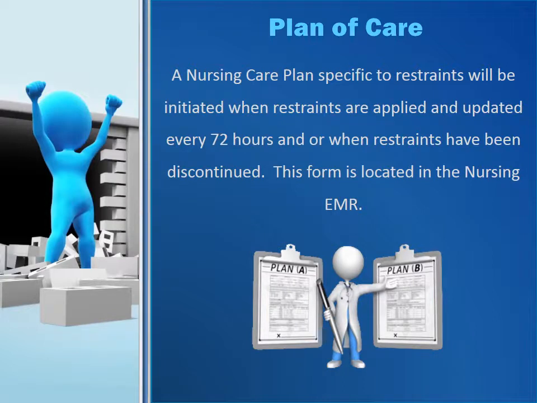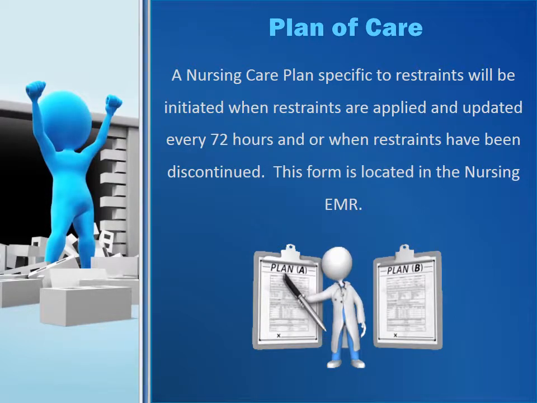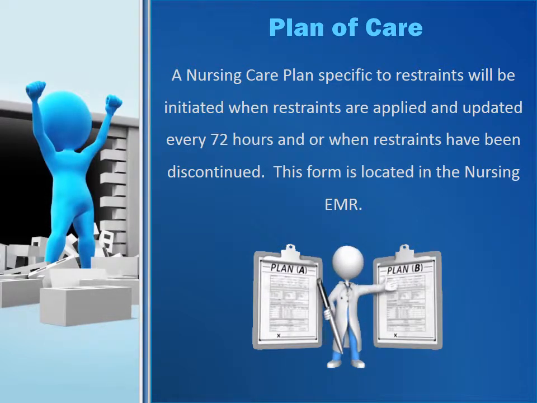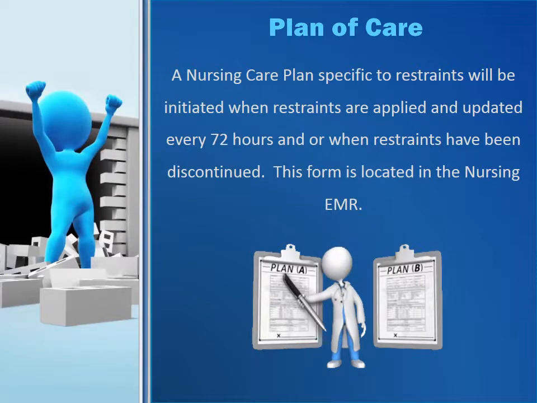Plan of care. Our plan of care here at University Medical Center is electronic, which is very nice, but it also can be very hard to remember that it needs to be updated. So a nursing care plan specific to restraints always fires when restraints are initiated.